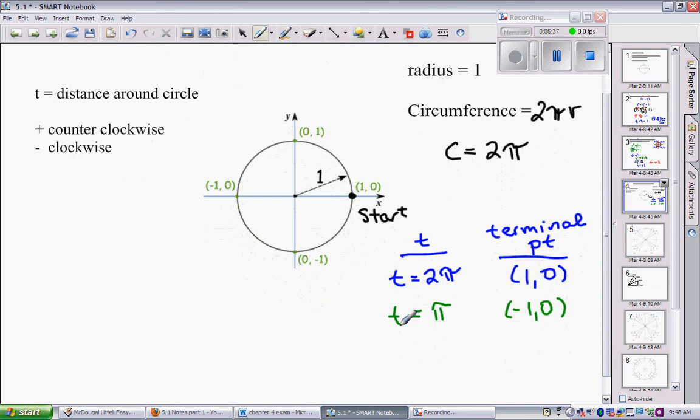So let's take half of the half. So pi over 2. That's really only a quarter of the circle. We're starting at (1, 0). We go a quarter of the circle and end at (0, 1).